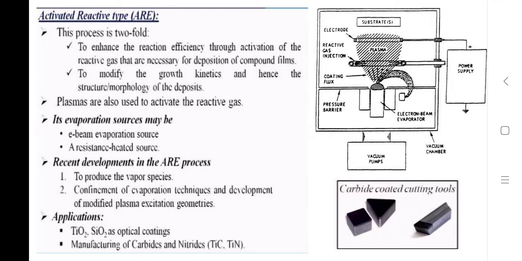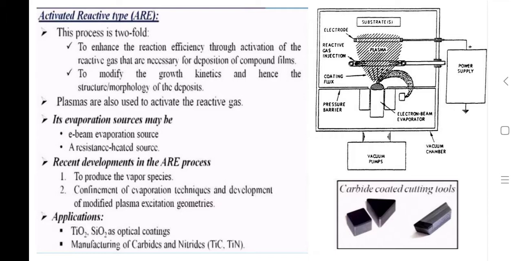Here in this process, it is two-folded. Generally it is divided into two steps to enhance the reaction efficiency through activation of the reactive gas that is necessary for deposition of the composite film, to modify the growth kinetics and hence the structure morphology of the deposit. That is why it is divided into two parts. Plasmas are also used to activate the reactive gas.